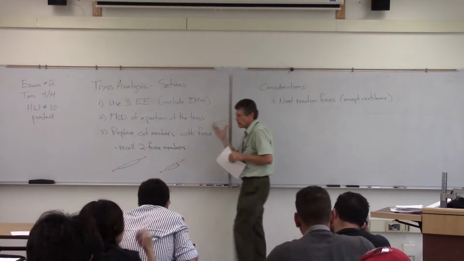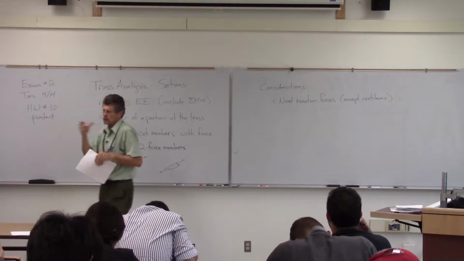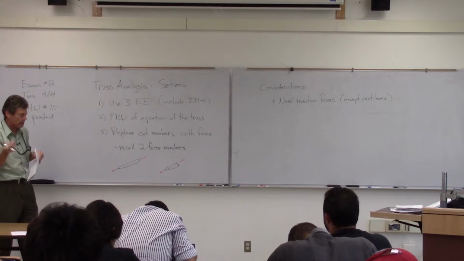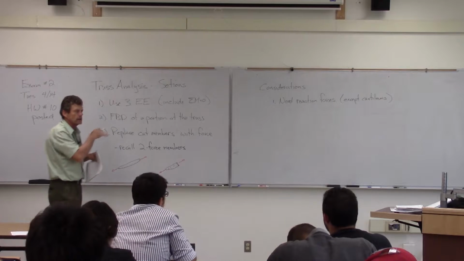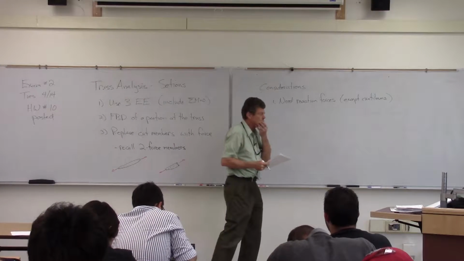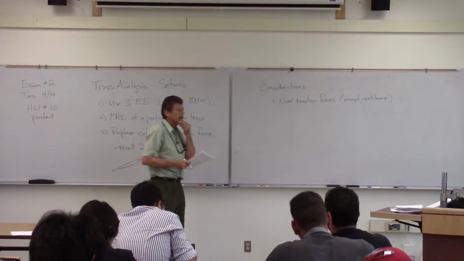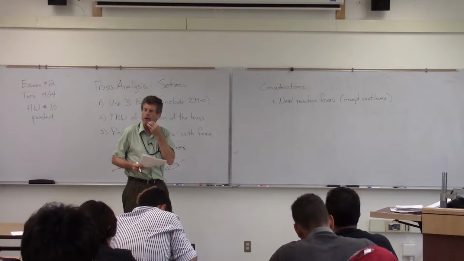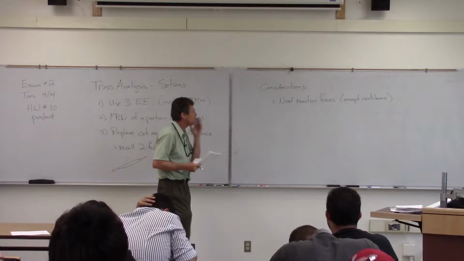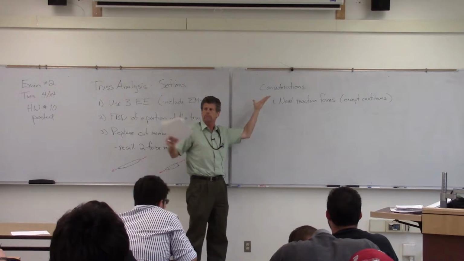When we cut through these members, what we're going to be doing is exposing forces. We only have 3 equations of equilibrium available. So what we're going to find is when we start cutting through these, we're probably going to expose 3, 4, 5 forces. What we're going to need to do is find the reaction forces. Our truss is usually sitting on something, some sort of foundation, and we can solve that like a 2D equilibrium problem.